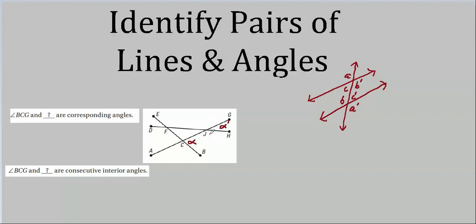We could call that alpha double prime. Well, I can't even do 2 primes with this. Or call it anything you want. This is the consecutive interior angle. See, it's just a matter of ordering those definitions that are in your book and hopefully in your notebook by now.